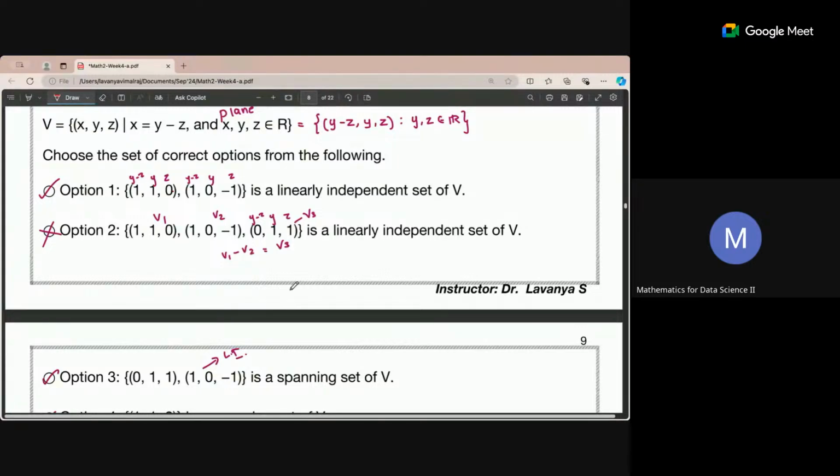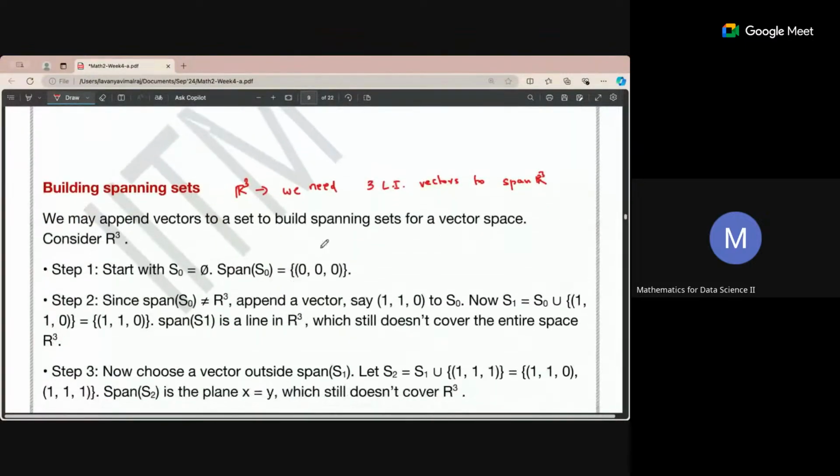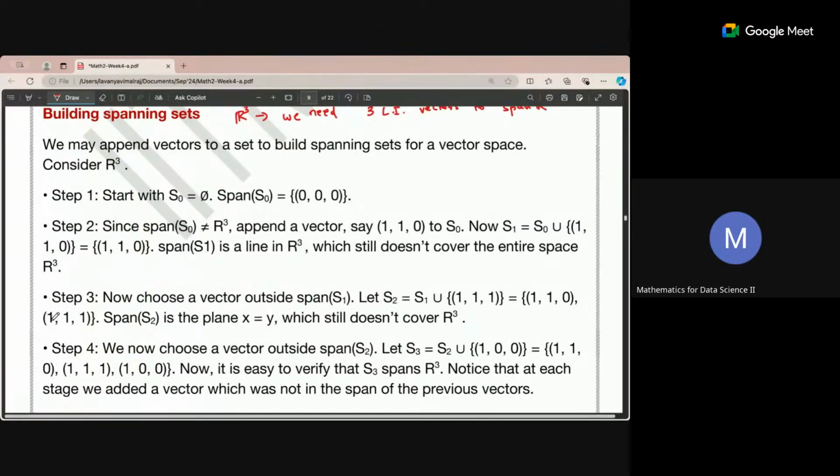Okay. But for spanning entire R3, you need three linearly independent vectors. So far, we have only two linearly independent vectors, and we need another linearly independent vector. So to find the third linearly independent vector, you have to find a vector which is outside the span of S2.